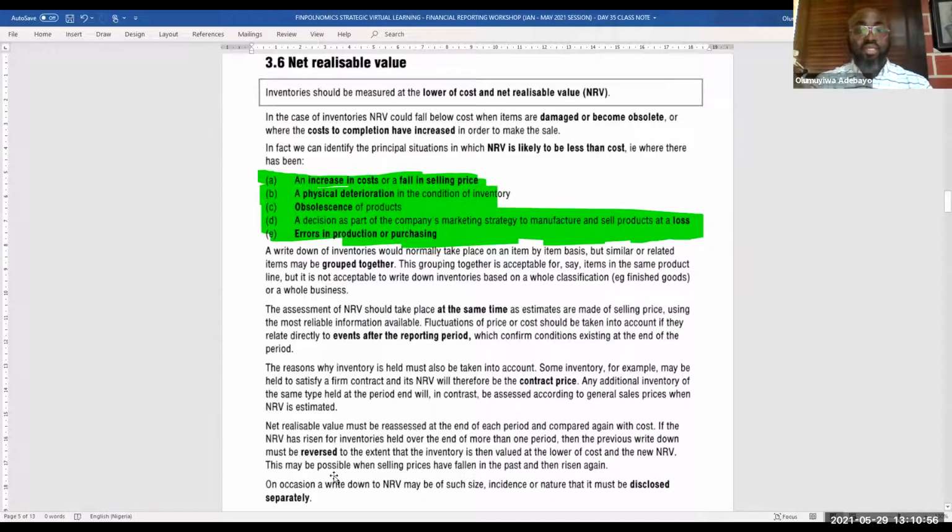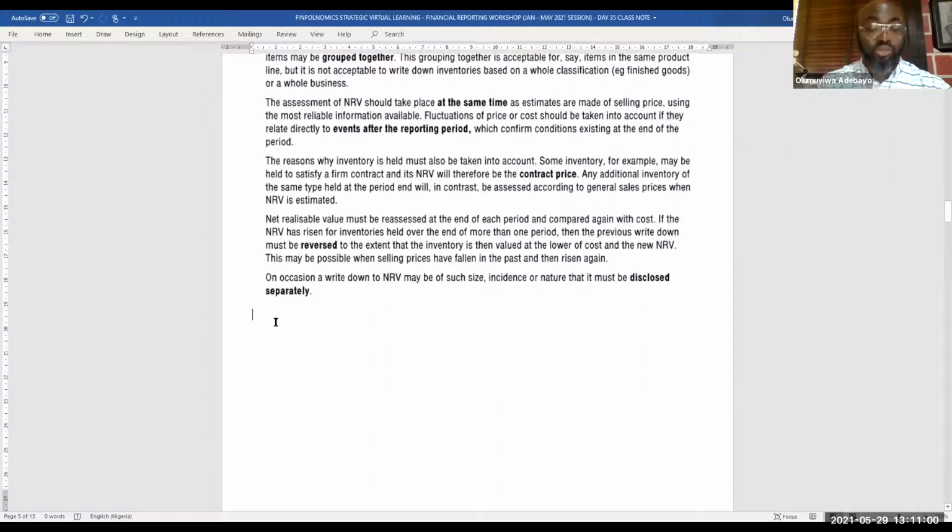Okay, now let's move further to have some other deliberations. How do you recognize expense in your books for the inventory that were sold?